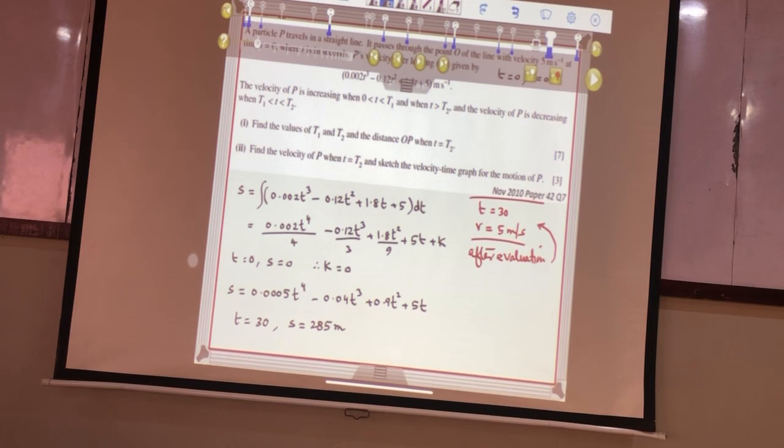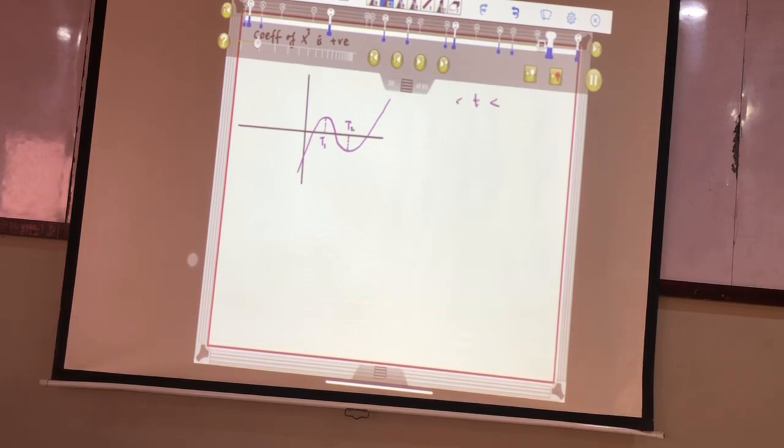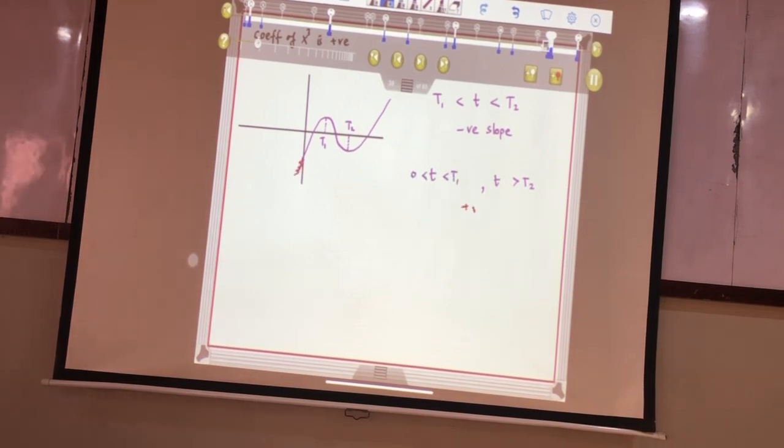Now we need to draw the velocity time graph. We know that if the coefficient of x cube is positive, the graph starts from top right till bottom left, something like this. One of the turning points is t1, the other turning point is t2. Negative slope between t1 and t2, decreasing function. Positive slope right of t2, left of t1.